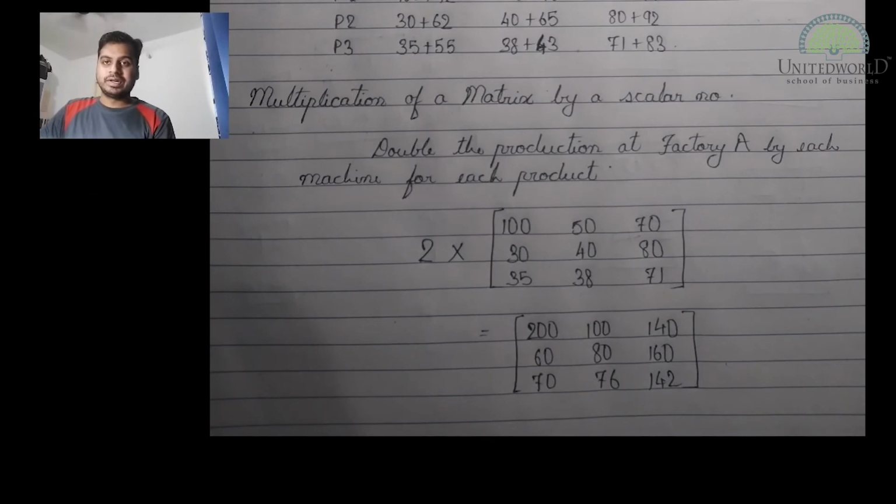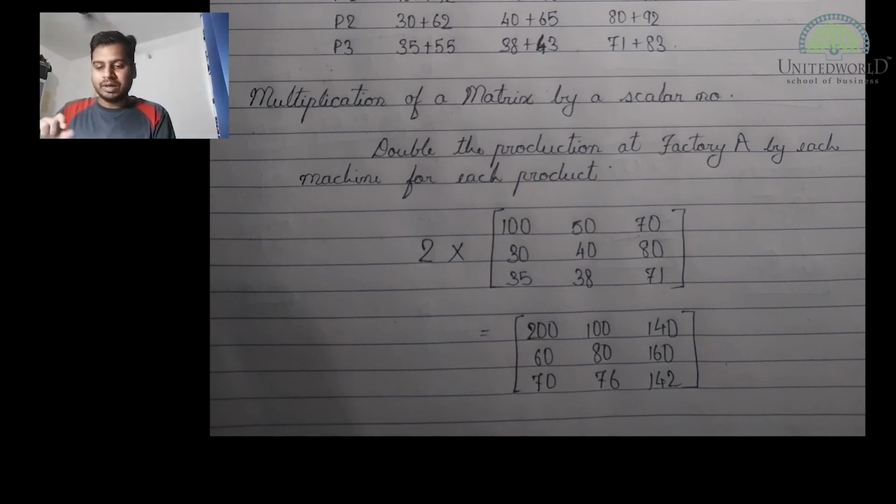If the scalar number is a fraction or a reciprocal of a number, then you can also consider this a division of a matrix by a number. We can also call this scaling up or scaling down a matrix, zooming in or zooming out a matrix.